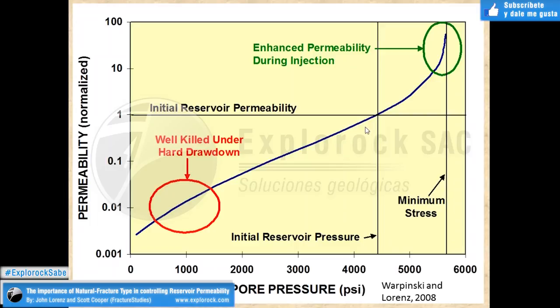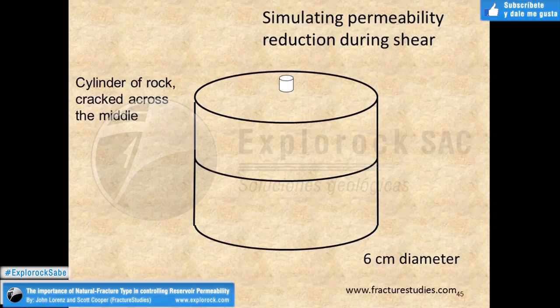And what he saw was that the original permeability, this is permeability along this axis, this is the amount of rotation on the cylinder, the top cylinder against the bottom cylinder. The original permeability started to increase, and that's because the fracture is rough and the high points of the fracture started to ride up against the high points of the fractures on the opposing face, and you actually increase the permeability.